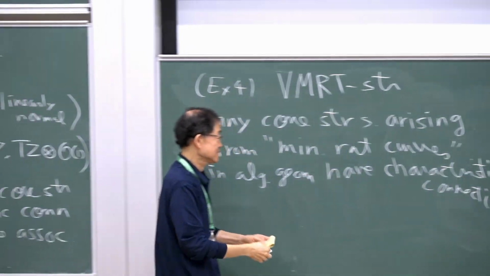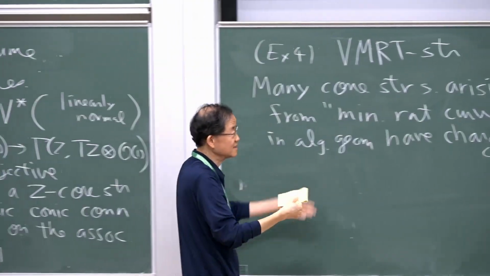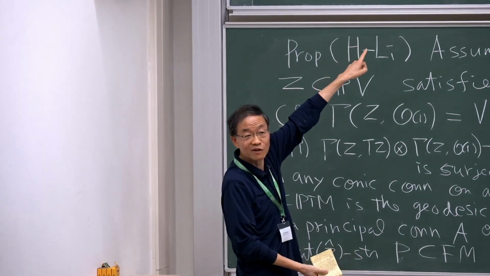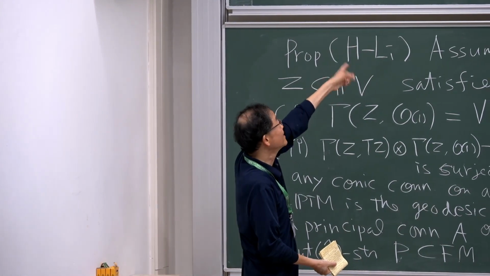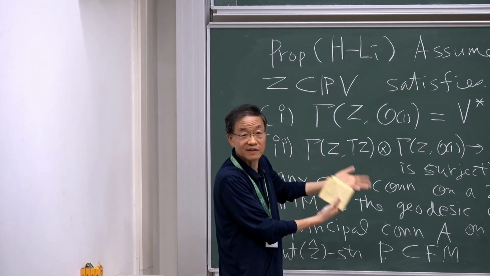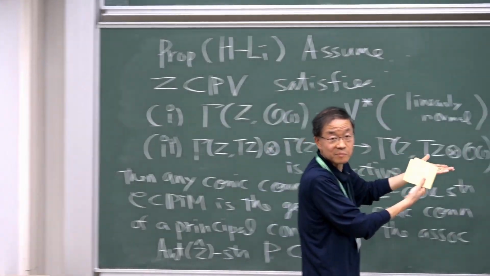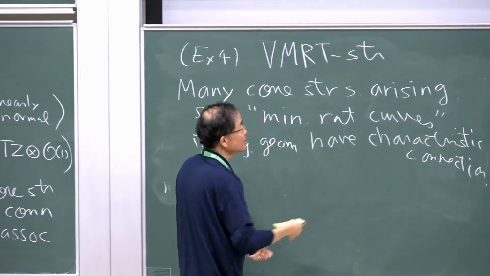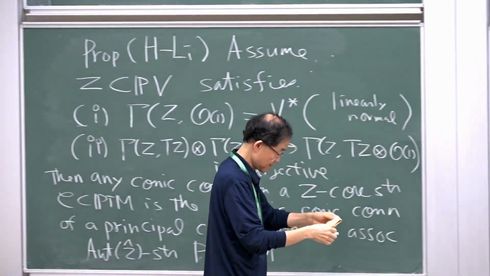So the point of these examples is that this definition, which may look very special, is actually very natural, and there are lots of examples of characteristic connections on such cone structures.